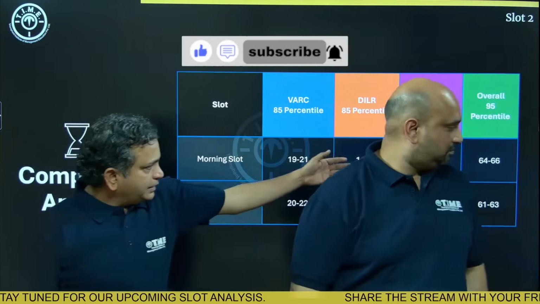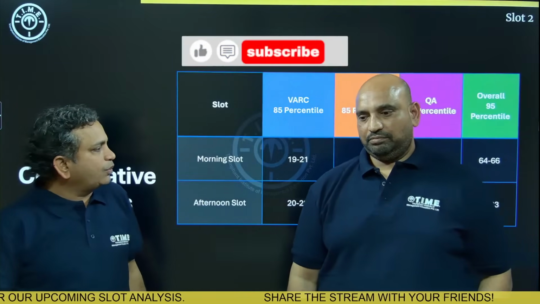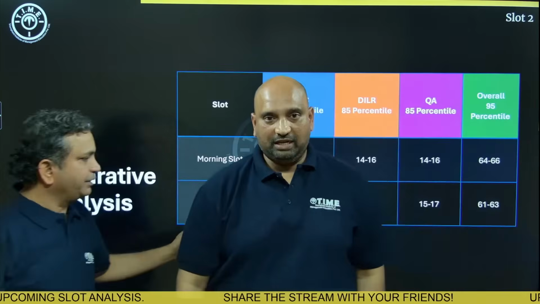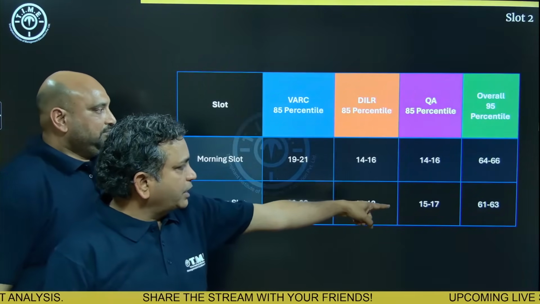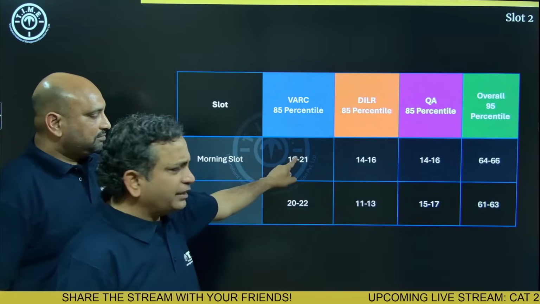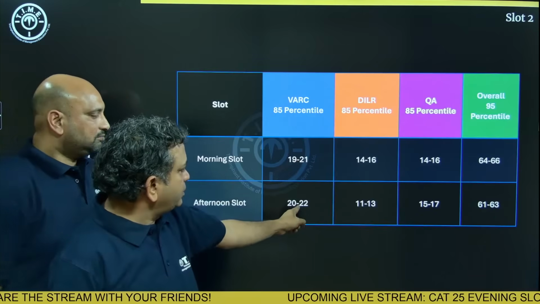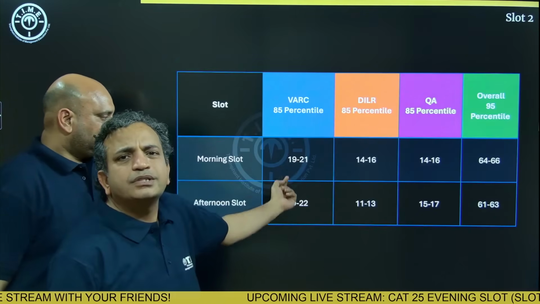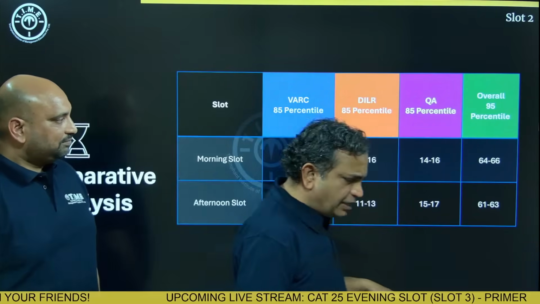From 64, 65 in the morning slot, the cutoff is coming down to 62. Whereas in the other, while the numbers may look bigger, it is 20 at the middle number here, 21 at the middle number here, just a 1 mark difference. Not too much of a difference, so to say.